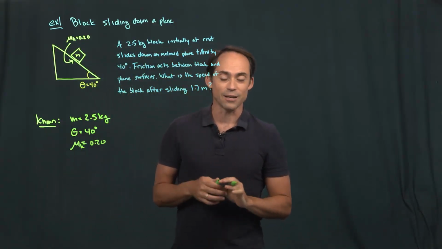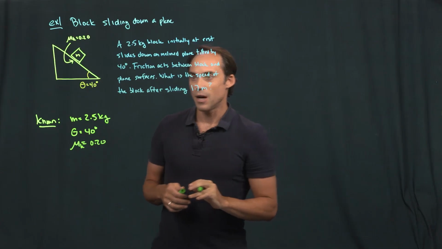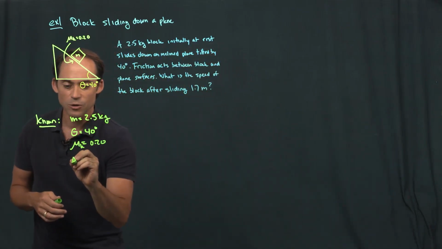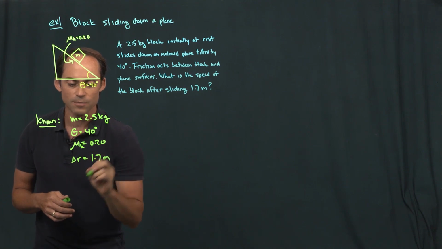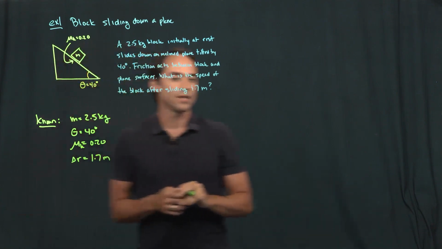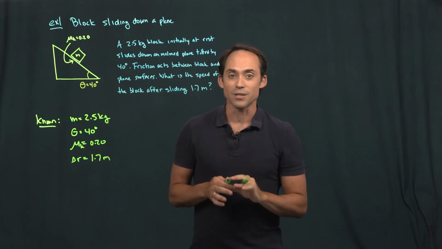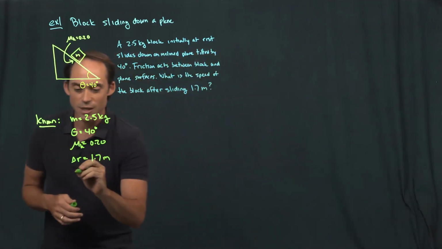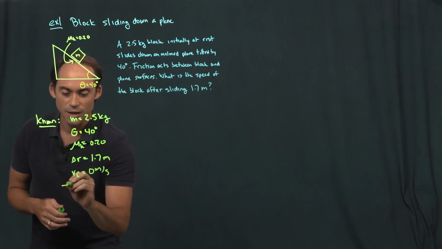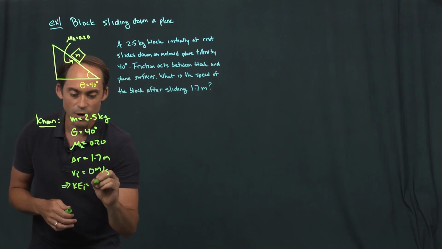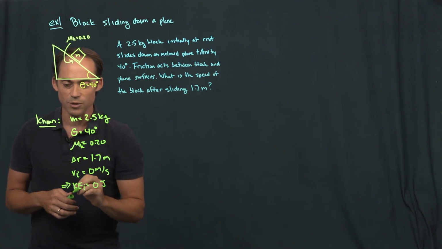We need the sliding coefficient of friction in there. And then we're also told that the total displacement along the surface is 1.7 meters. And finally, we're told that the block starts at rest, so that gives us an initial speed of 0 meters per second, and that also gives us an initial kinetic energy of 0 joules.